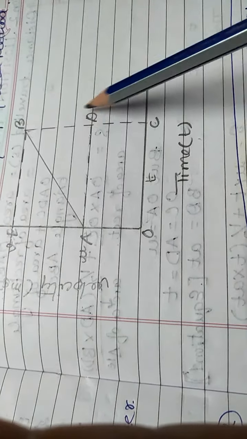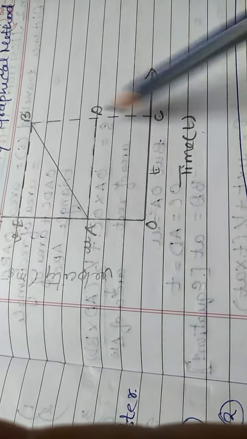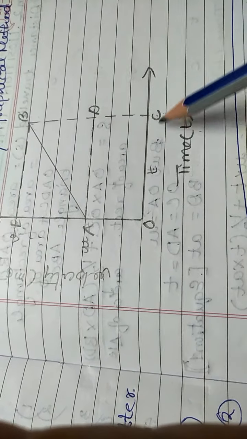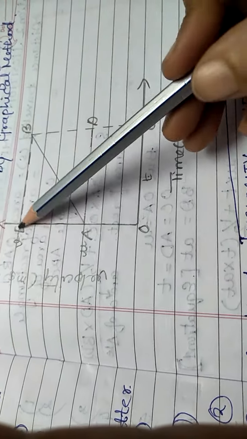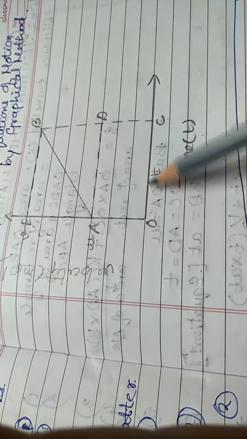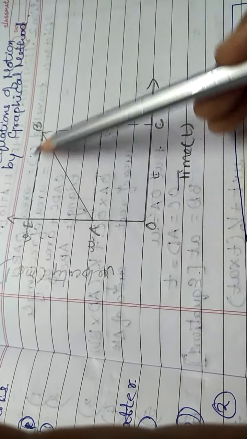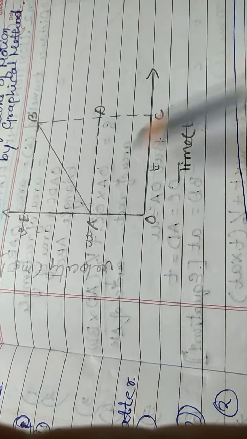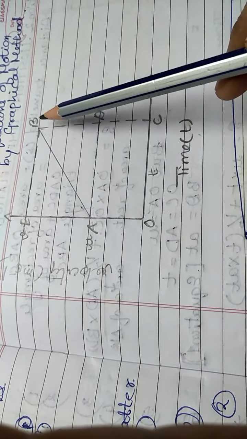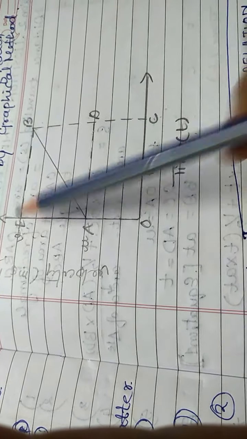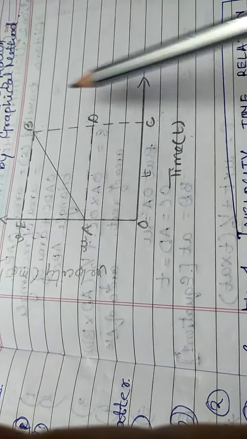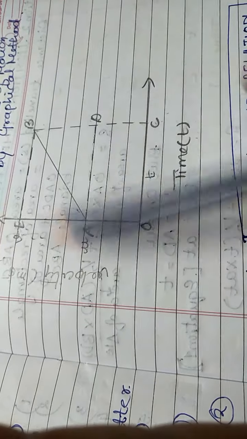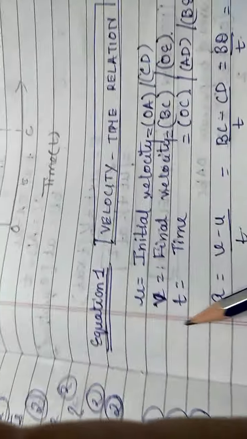So this measurement is equal to this measurement, and this and this measurements are the same. So OC is equal to AD is equal to EB. Similarly, OA is equal to DC. So understand this diagram properly. With that we start proving.